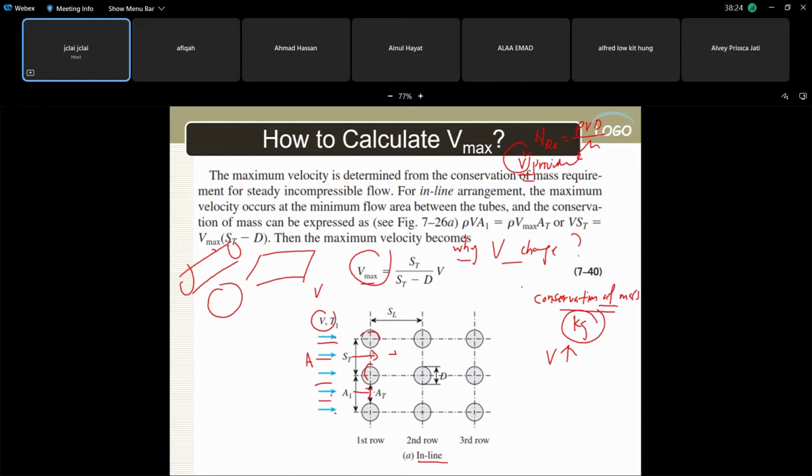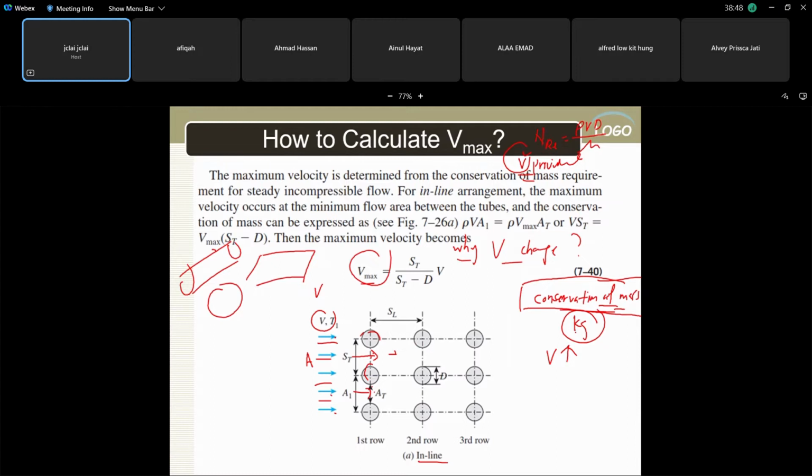This is because we assume conservation of mass. The same amount of fluid flows past, regardless of whether it is in the area where there are no tubes, or the area where there are many tubes.